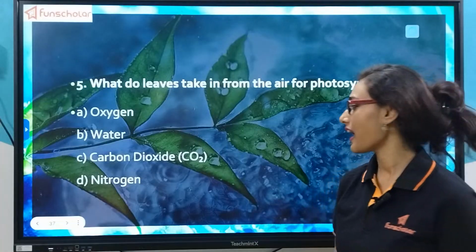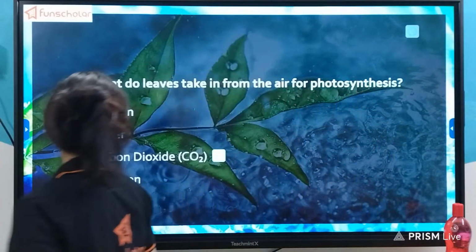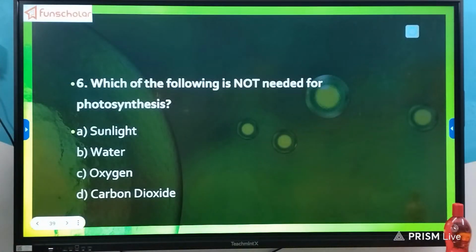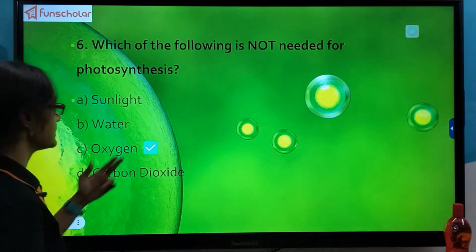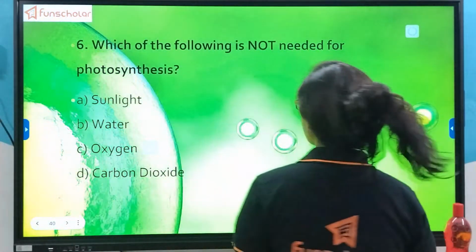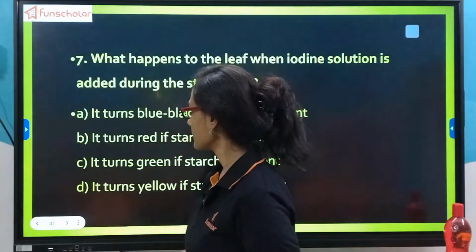Oxygen? No, carbon dioxide. See? Which of the following is not needed for photosynthesis? Sunlight, water, oxygen, carbon dioxide. Obviously oxygen. Why? Because it is being released, not taken in by the plants.